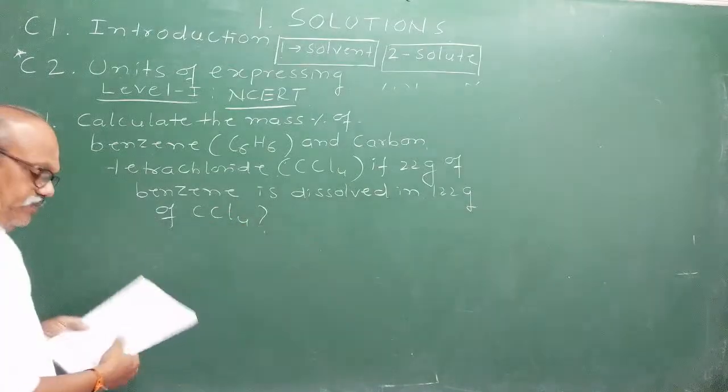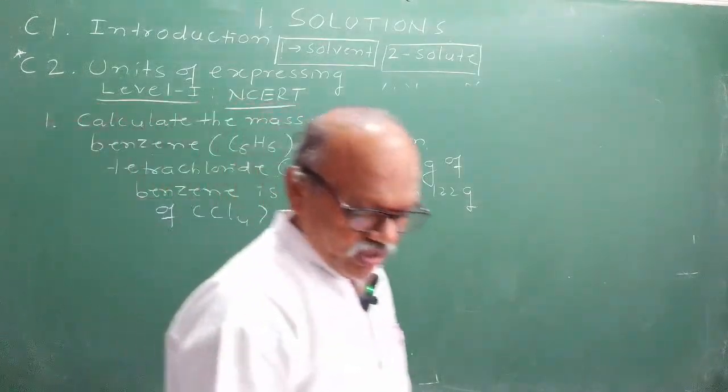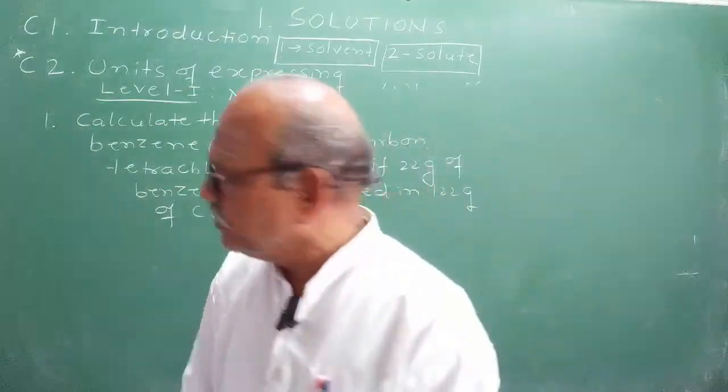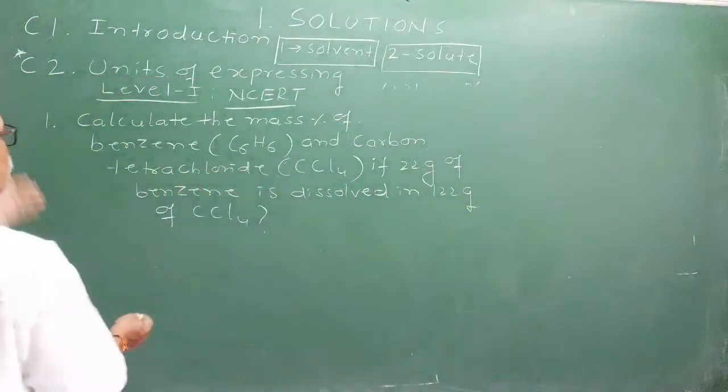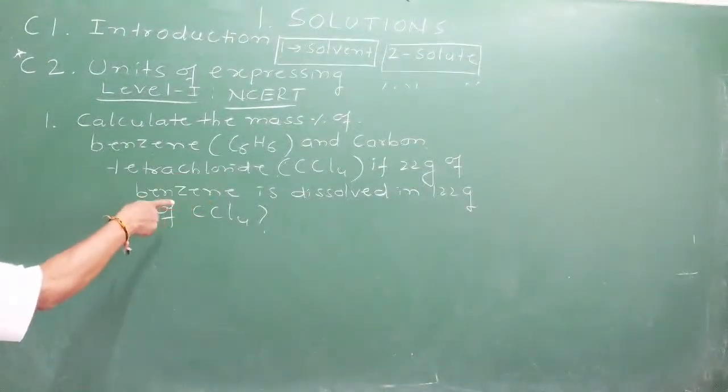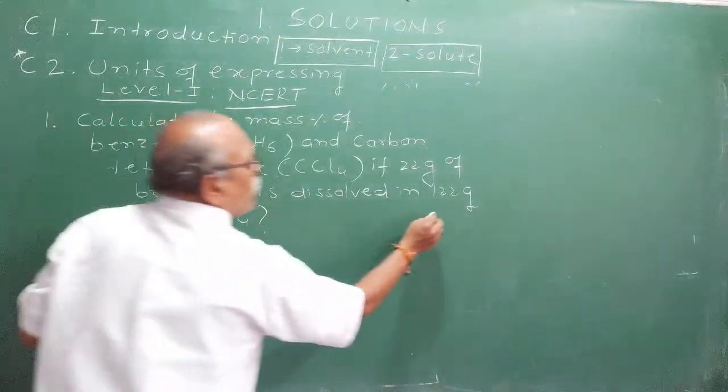Okay, let us solve this problem. Calculate the mass percentage of benzene and carbon tetrachloride if 22 gram of benzene is dissolved in 122 gram of carbon tetrachloride.